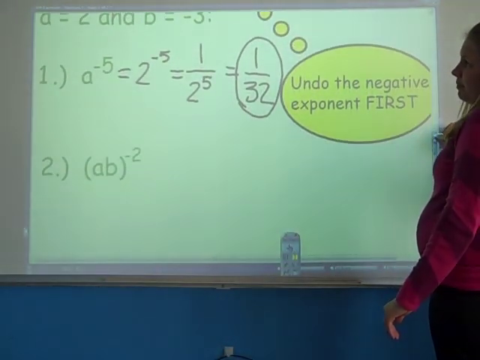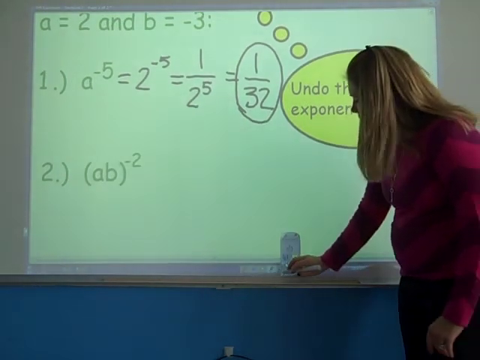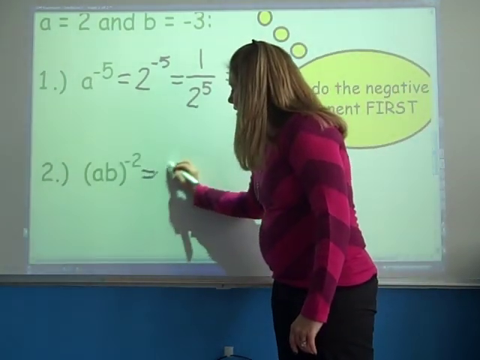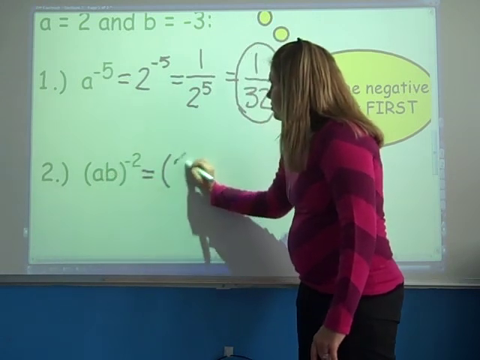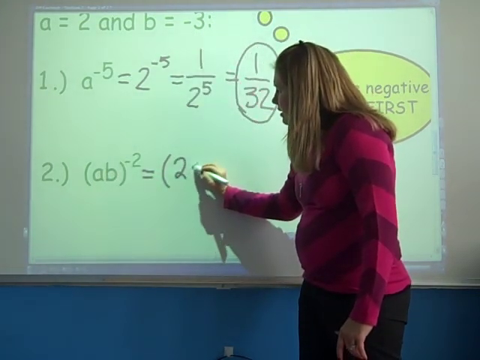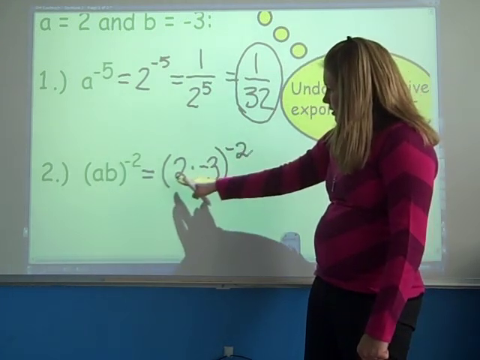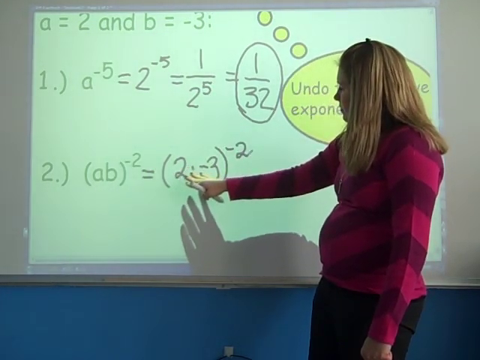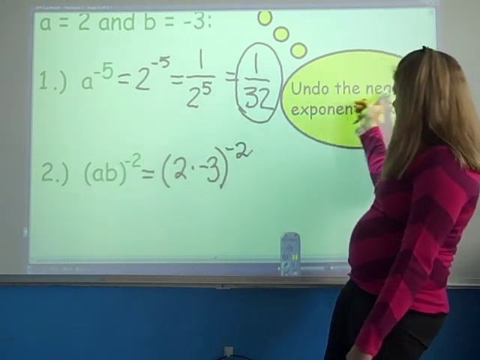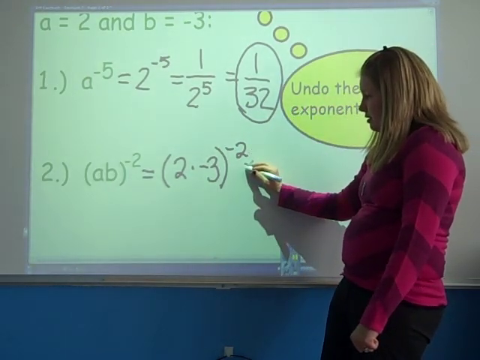All right, last problem. Plug it in, substitute. A is 2, B is negative 3 to the negative 2nd power. Okay. I'm going to undo the negative exponent first.